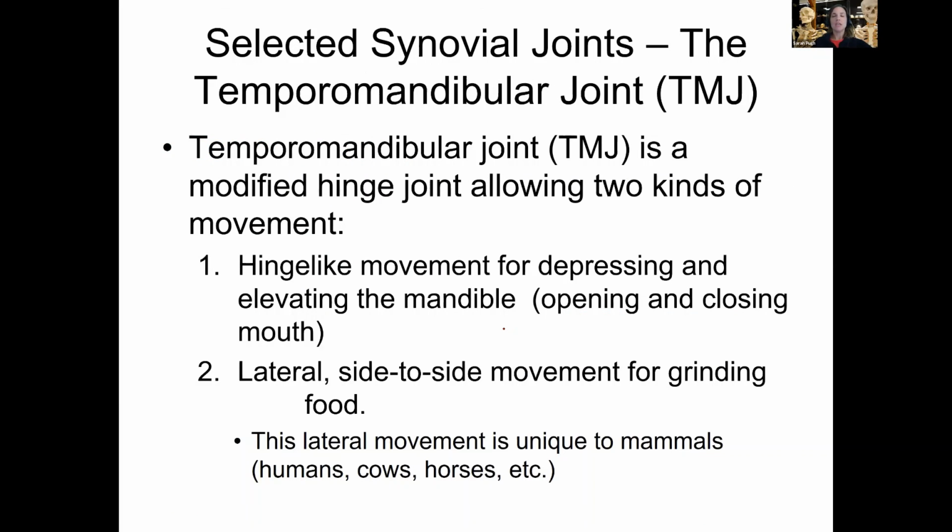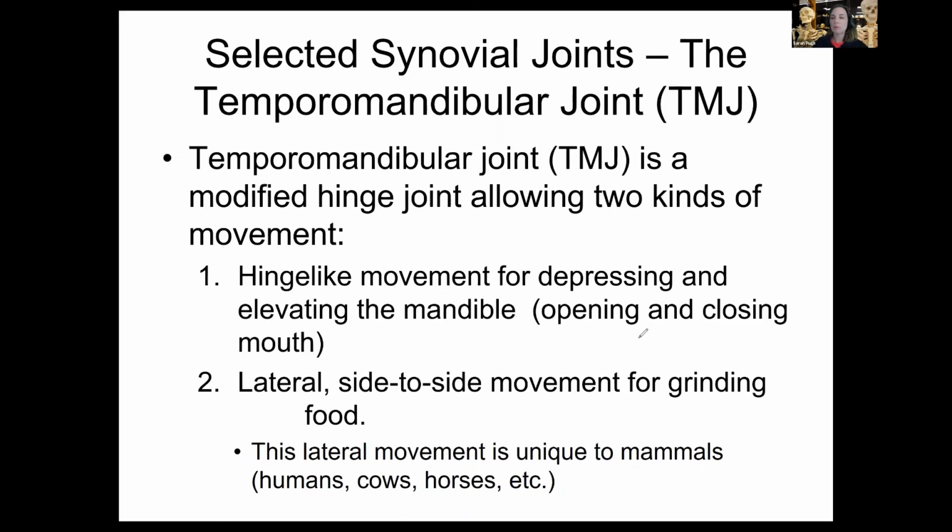All right. So we have gone through how we classify our joints. Let me pull up a whiteboard up here. All right, so remember, we have gone through how we classify our joints functionally.